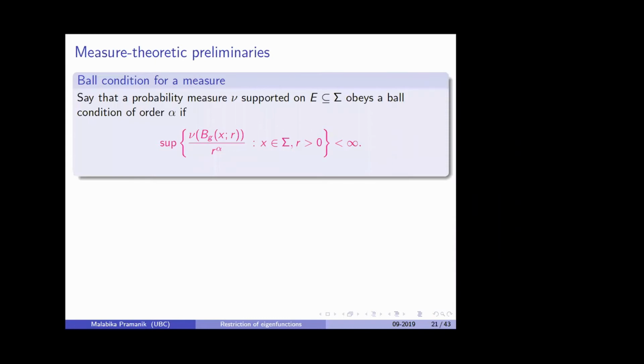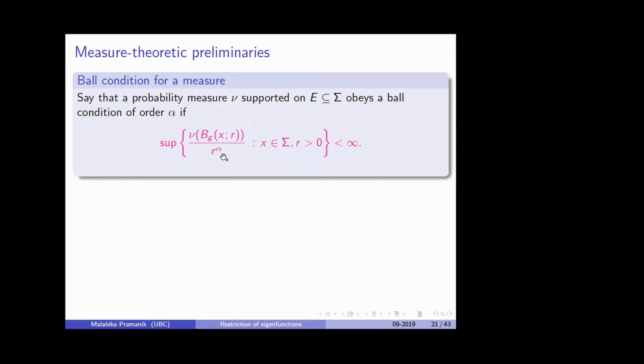The measure theoretic basis of our results is a very simple one. Let's take a little time to review the relevant facts. Suppose that nu is a probability measure supported on a Borel set, capital E. We say that E obeys a Borel condition of order alpha if the mass that nu assigns to any ball grows in a controlled way depending on alpha.